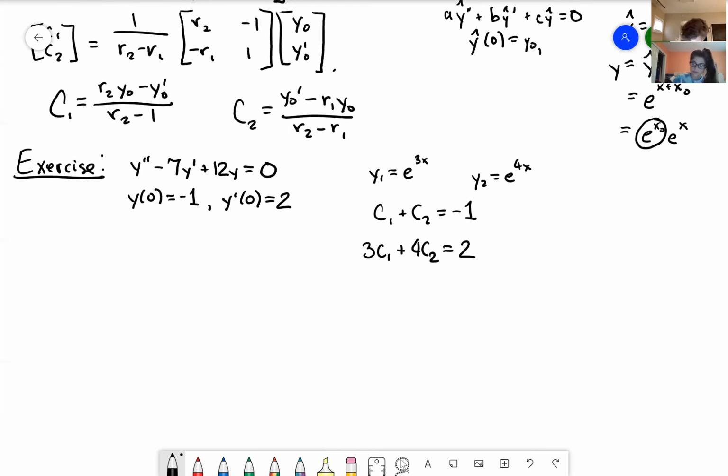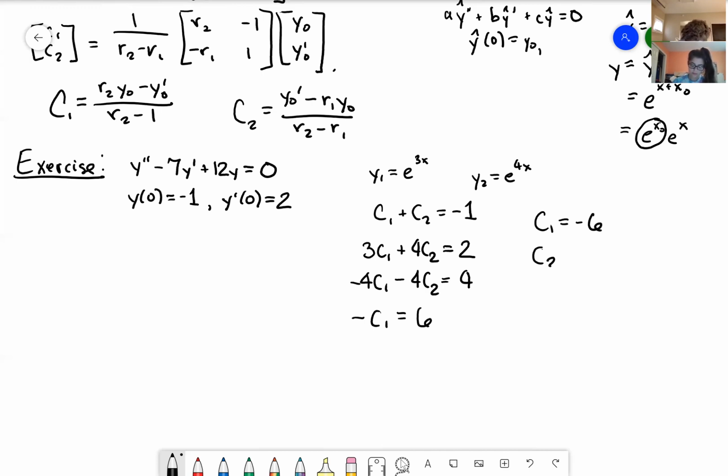Now, how do I want to solve this? I think I'll multiply the top one by -4. So I'll get -4C1 minus 4C2 is equal to 4. And I'll add these together and get -C1 is equal to 6. So I get C1 is equal to -6.